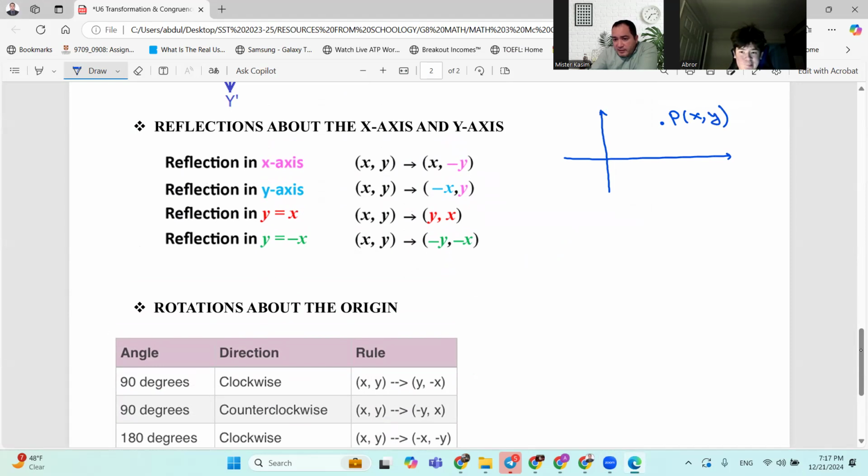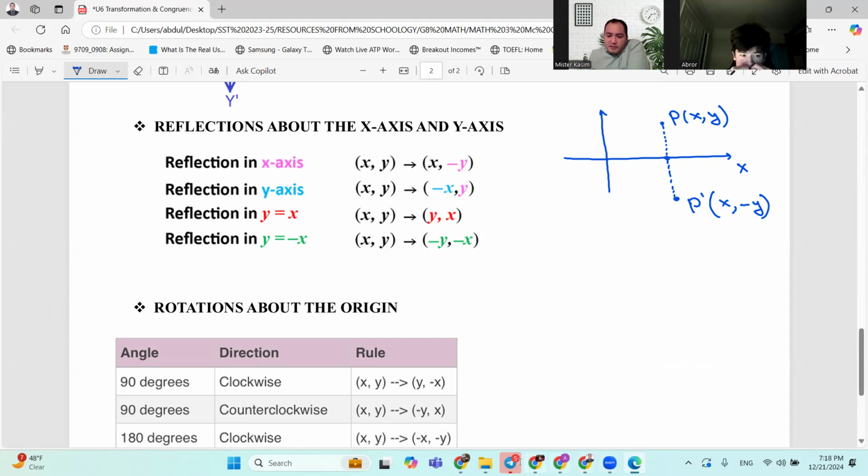Now reflecting about the x-axis, when you fold this, they need to overlap each other perfectly. So its image under reflection over the x-axis will be P prime. As you see, the x coordinate is not changing. Only the y coordinate is changing, but by the same distance. So it will be negative y. You just need to multiply the y coordinate by negative.